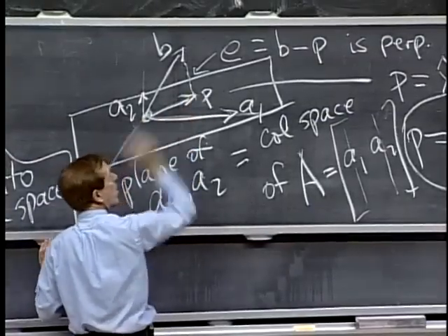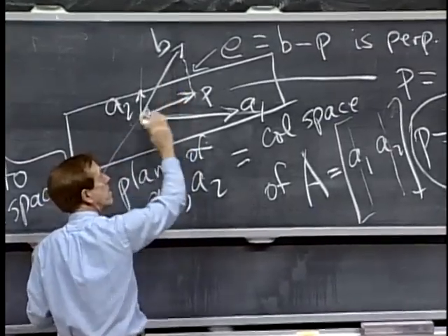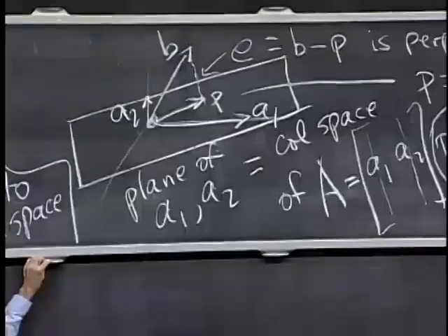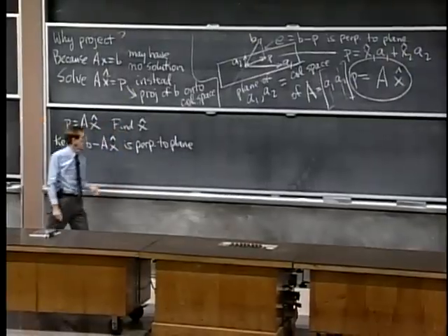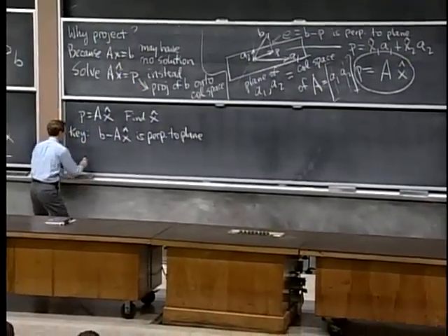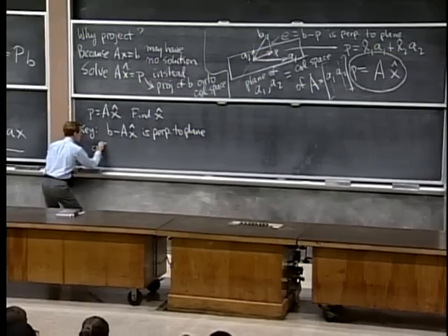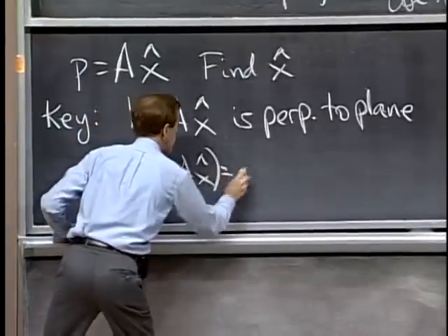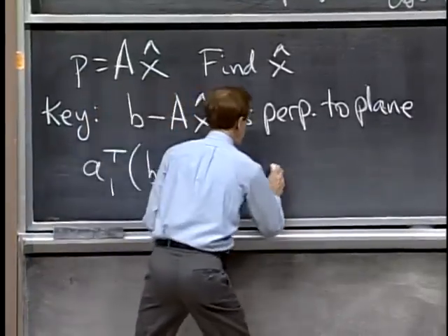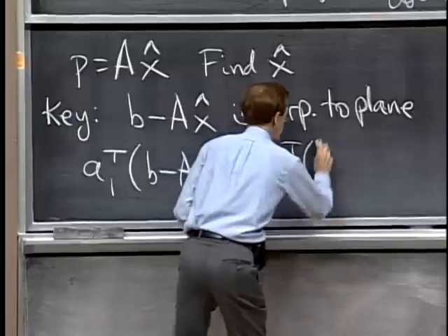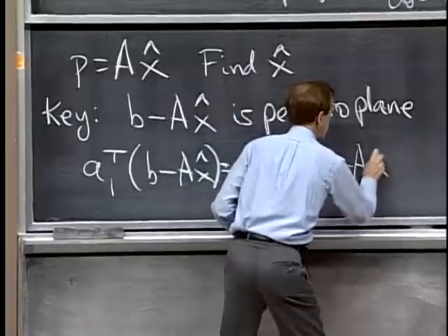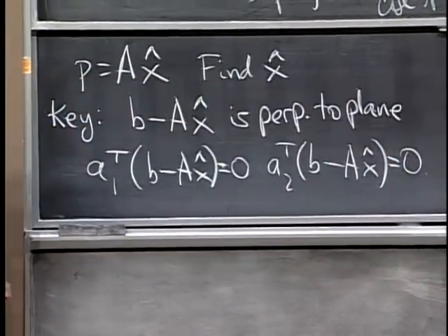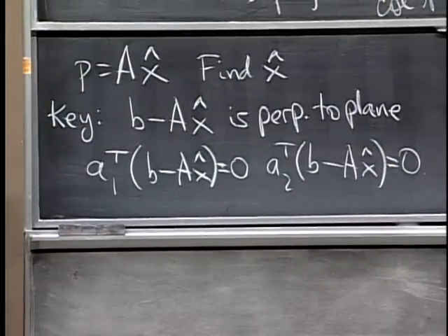It's perpendicular to everything in the plane, and the plane is really told to me by A1 and A2. So really, I have the equations A1 transpose (b minus Ax) is 0, and also A2 transpose (b minus Ax) is 0. Those are my two equations.